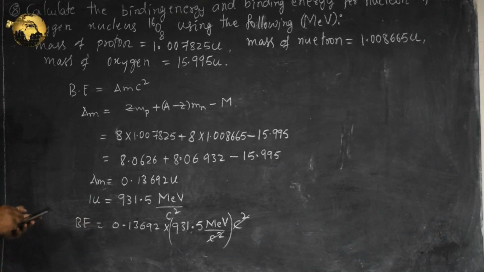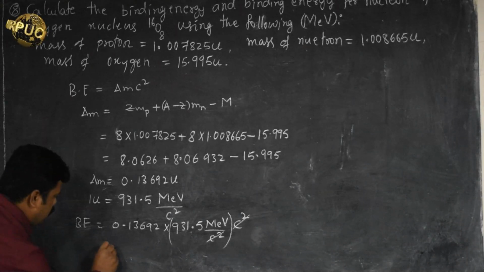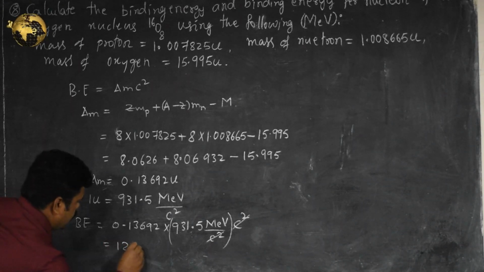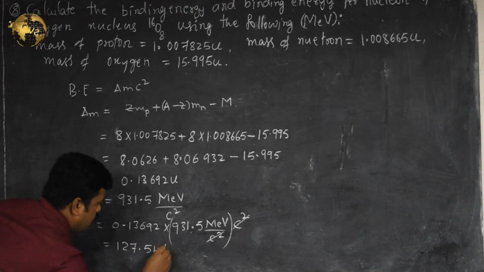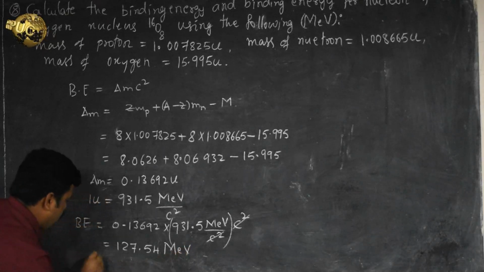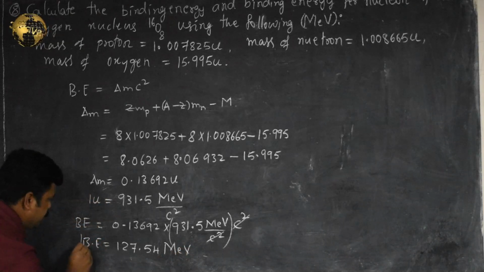This value gets cancelled out. So we get finally 127.54 mega electron volt. This is the binding energy.